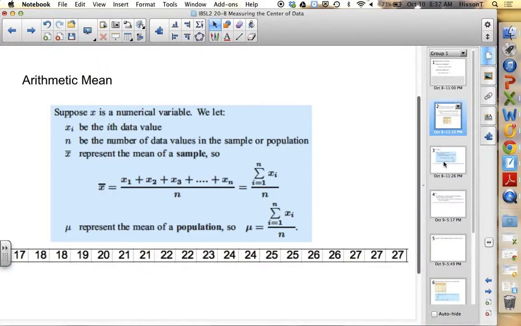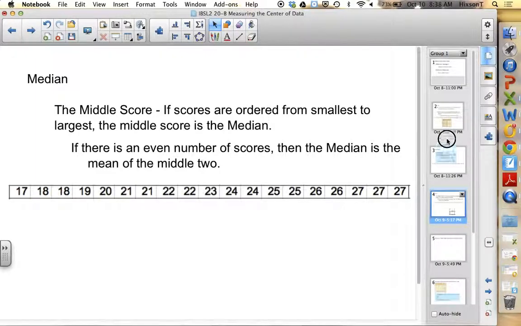Our second way, let me do this in a different order. The median. The median is a middle score, okay? The middle score, and here we would order them from smallest to largest. The middle one would be our median, okay?